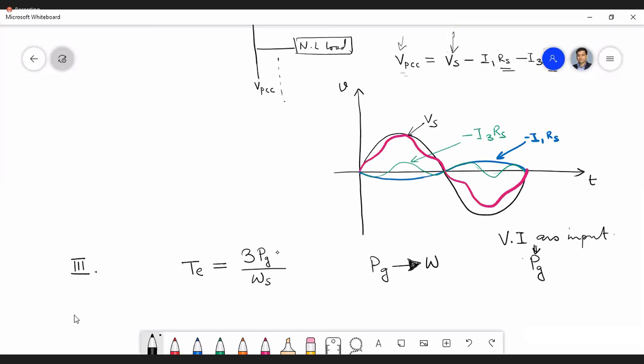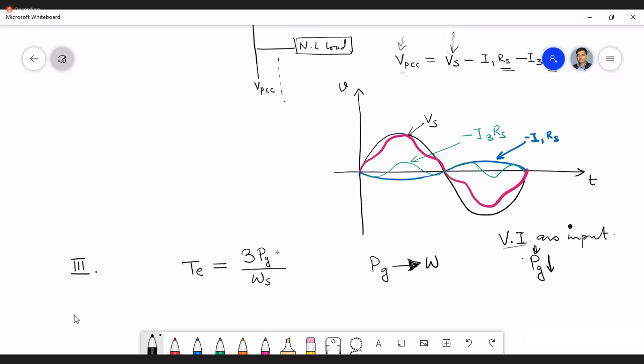Do you understand what I am saying? If my apparent power input to the machine is constant, which is VI, what would I get out of it as gap power? Will it remain the same as in the sinusoidal case? It decreases certainly. Okay, so it will decrease.